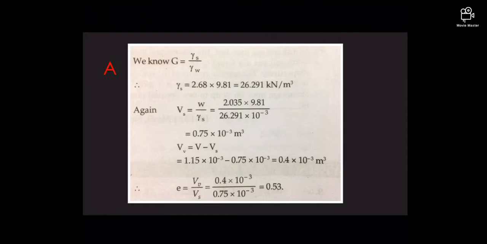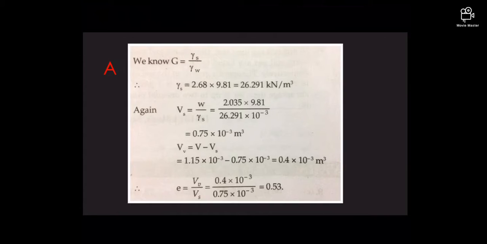Again, Vs is equal to W by gamma s. This equation we get from the basic equation, density is equal to weight by volume. So just substitute the values and we get the volume of soil as 0.75 into 10 raised to minus 3 meter cube.